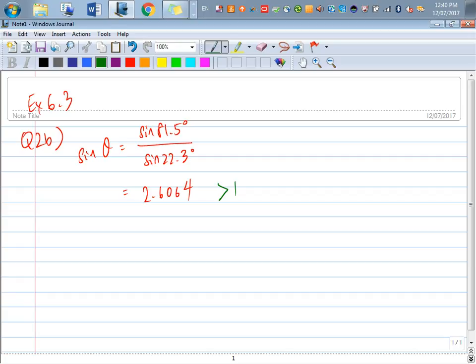So you can try sine inverse 2.6064. You'll find that theta is not defined. Okay, so we conclude that there is no solution. It is not that there is an error in the question. It is designed this way. There is no solution to this. Okay?